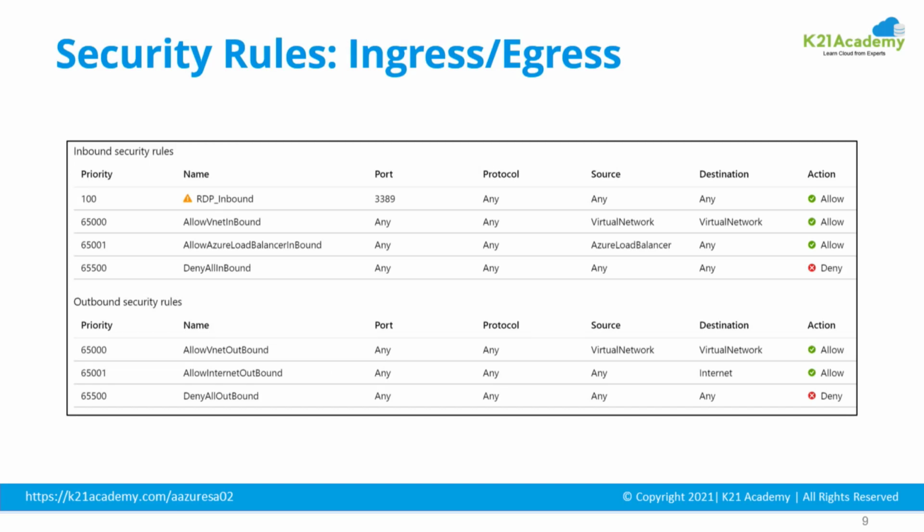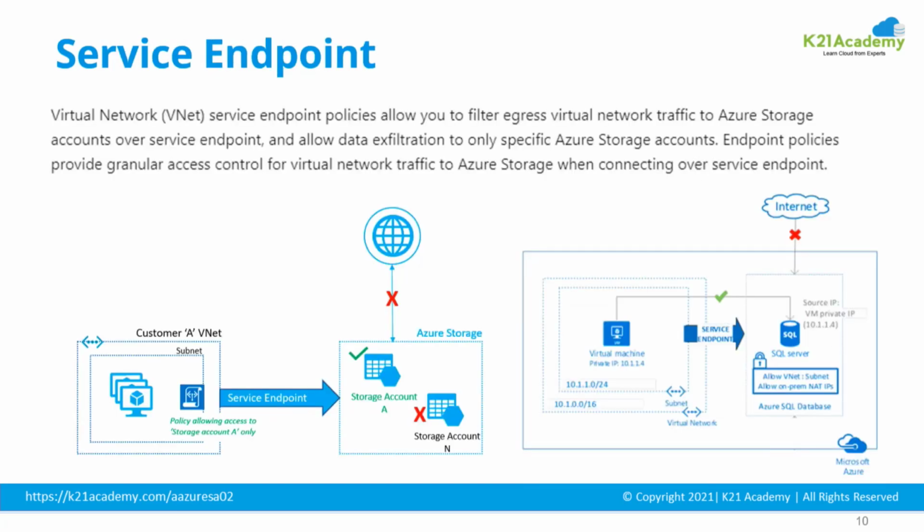Ingress is incoming, egress is outgoing. In this lesson, we are going to look at another component of the network, which is the service endpoint. What service endpoints help you with is that they are attached to or accessible from a virtual network, and they help you filter egress network traffic to a particular Azure service. That Azure service could be an Azure storage account or an Azure database.